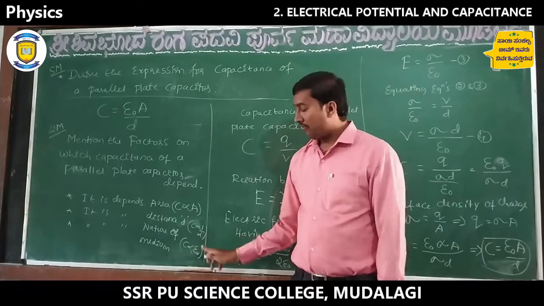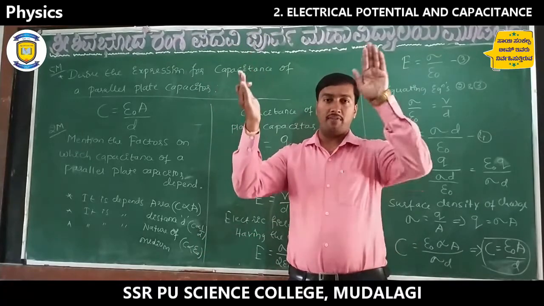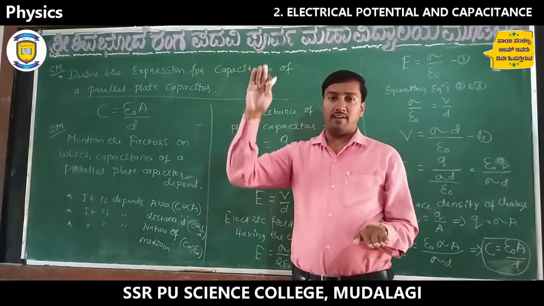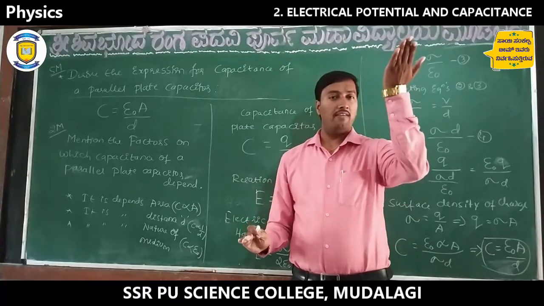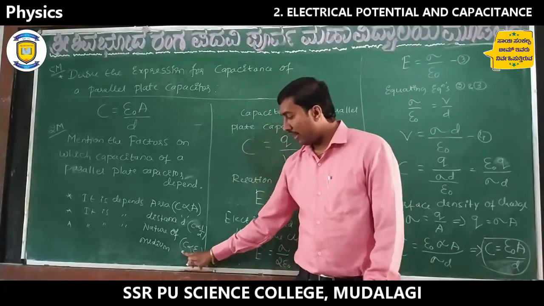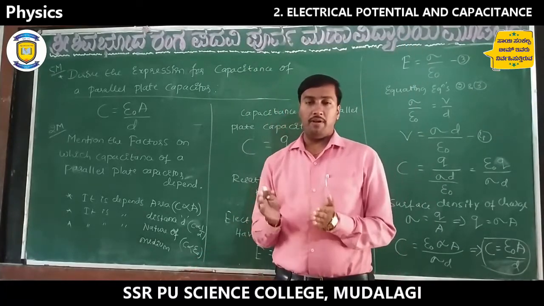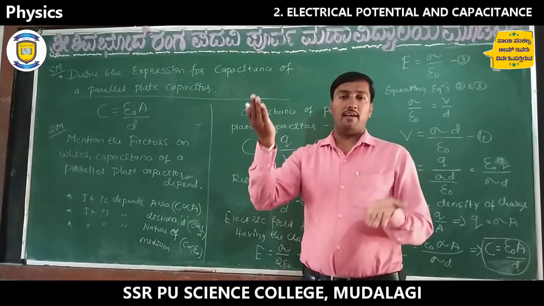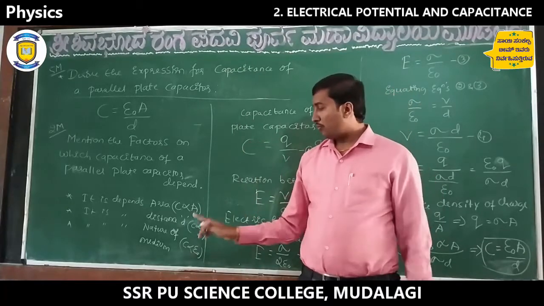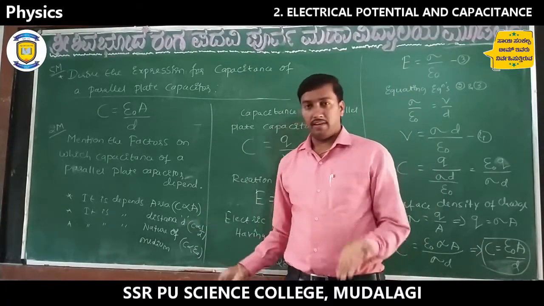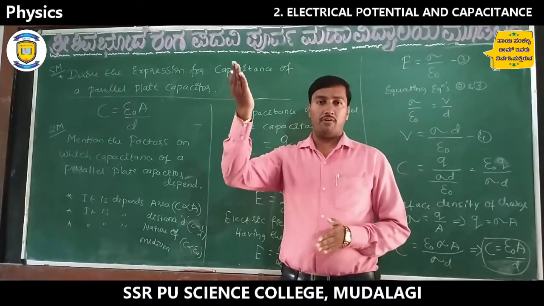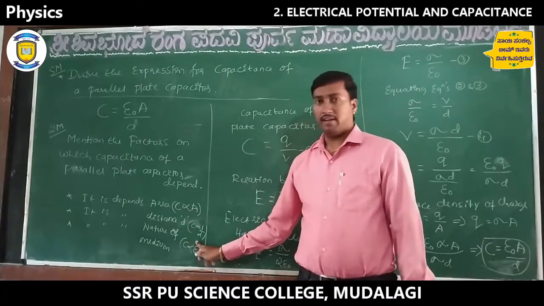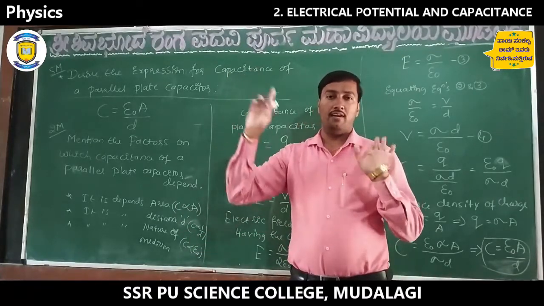If the distance is decreased, the capacitance increases, correct? And if the absolute permittivity, the dielectric constant of the medium, increases, the capacitance also increases. So if the area and epsilon naught increase, the capacitance increases. If D increases, C decreases, right?